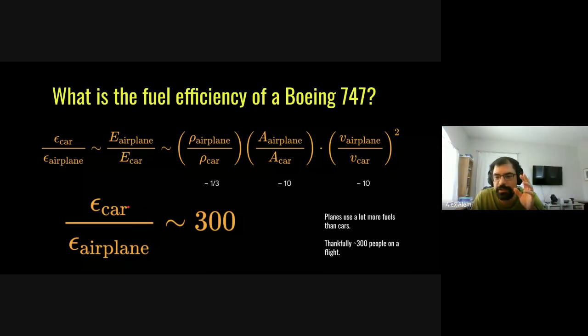So, oh my gosh, planes are very wasteful. Maybe you should never fly, except it's not so bad because you can fit about 300 people on a plane. If you put 300 people on an airplane, it's sort of a wash. The fuel efficiency of flying in an airplane is roughly the same as the fuel efficiency of driving down the highway, which is a neat thing to know.